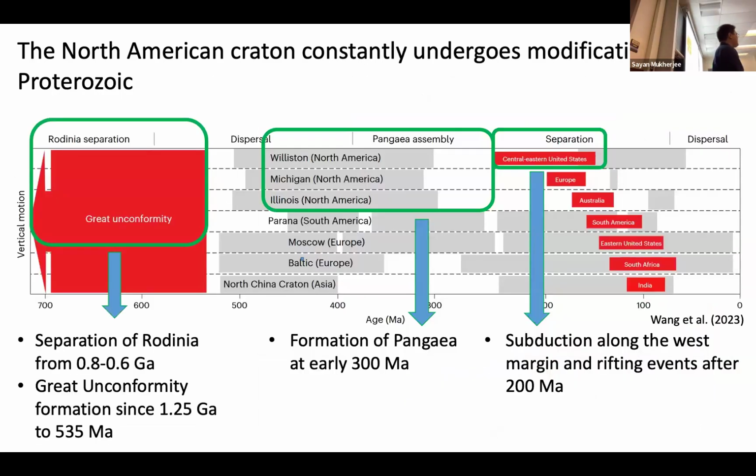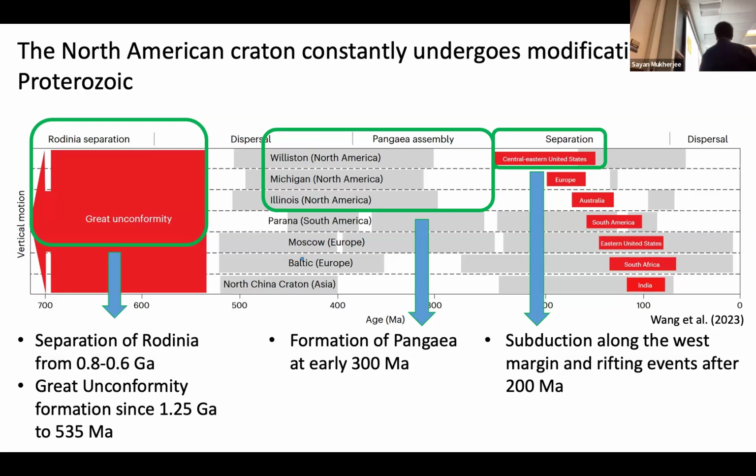This figure, from Wang et al. 2023, shows parts of the tectonic events that the North American craton has experienced since the Proterozoic. From left to right, the craton first experienced the separation of the Rodinia supercontinent from around 0.8 to 0.6 billion years ago, and at the same time, the formation of the Great Unconformity from about 1.25 billion years ago to about 500 million years ago.